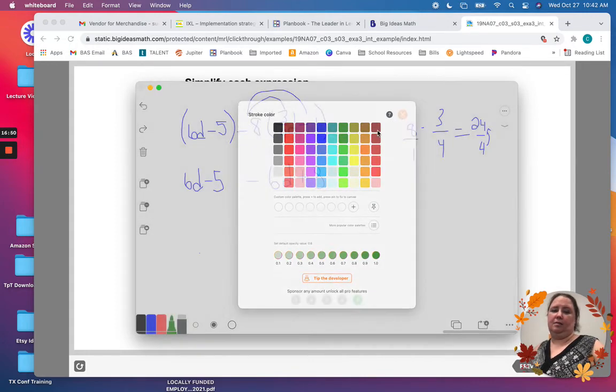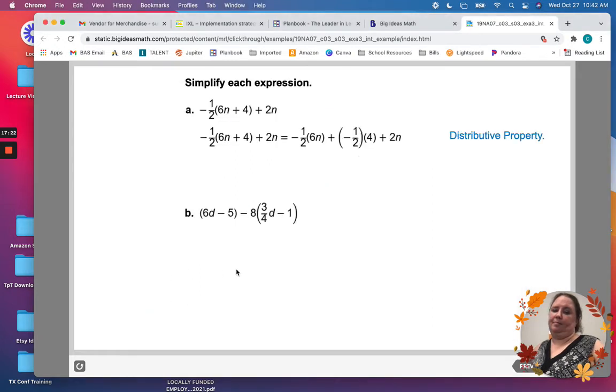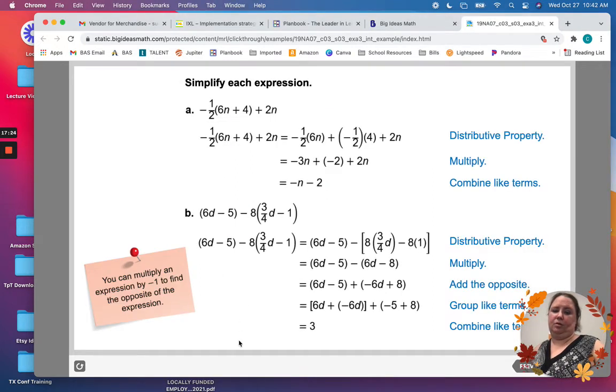I have a 6D minus 6D. Those are like terms, yes? What's 6 minus 6? 0. So these are gone because 0 times D is still 0, yes? So now I just do negative 5 plus 8. 3. No, negative 3. No, 3. It's a positive 3 because the 8 is larger. So then your answer should be 3. Let's go check. 3. Yay.